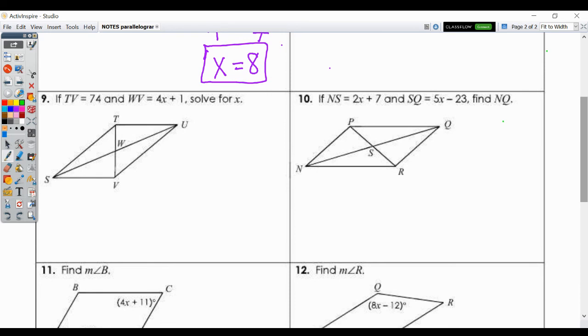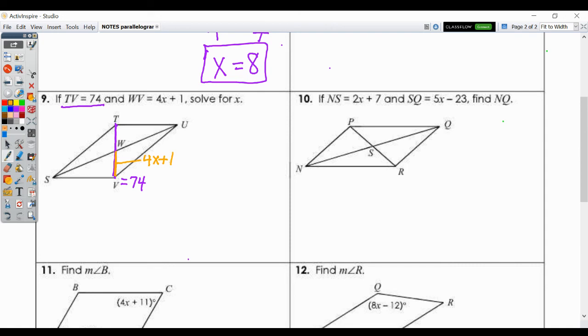So they're telling me right off the bat that TV is 74. So that means that from here all the way to here, it's going to be 74. And I'm just going to write that down so I've got it. And then they tell me WV, which is from here to here, is 4x plus 1.